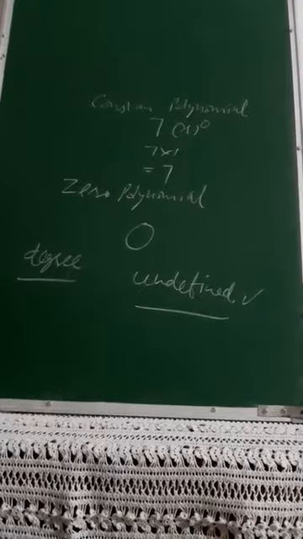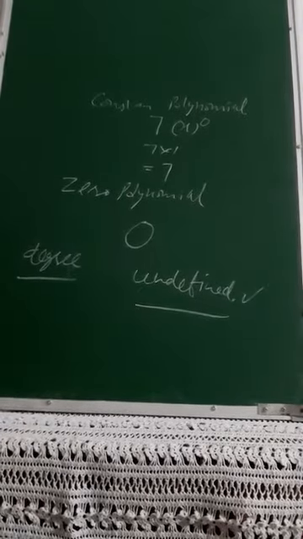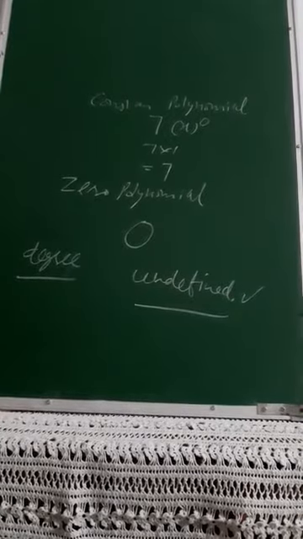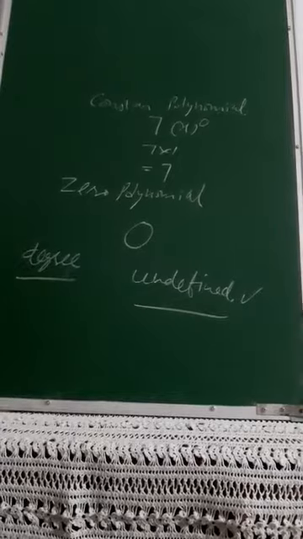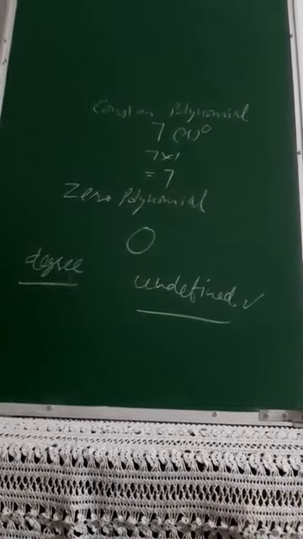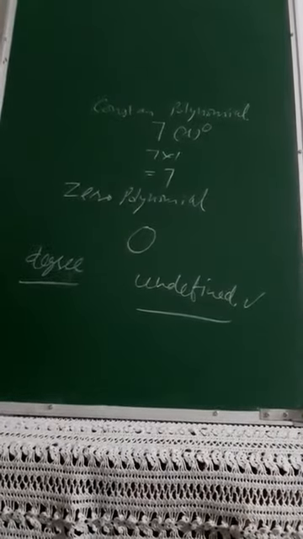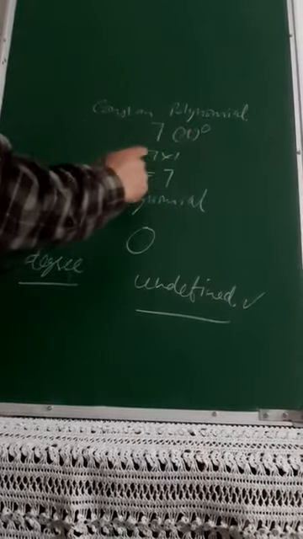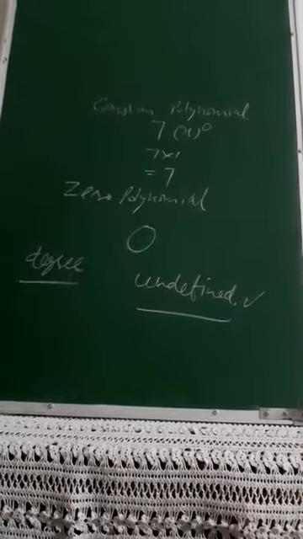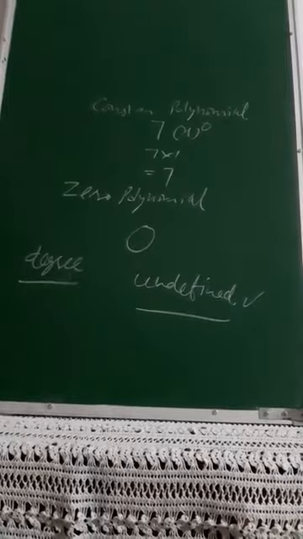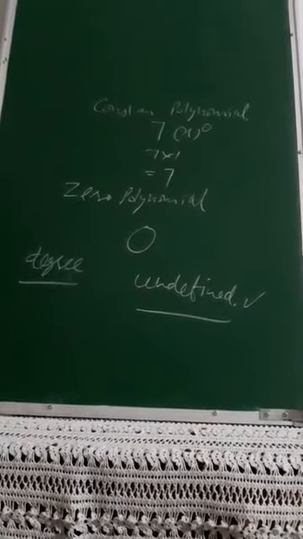So in any constant polynomial, whether positive or negative, I can put the variable with power 0. Why? Because I know that 0 exponent is always equal to 1. So any number multiplied by 1 keeps its identity the same. So this is the difference between the constant polynomial and the zero polynomial.